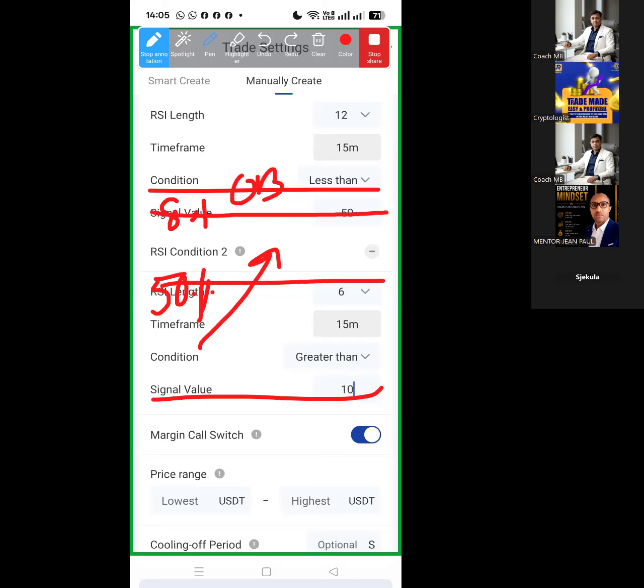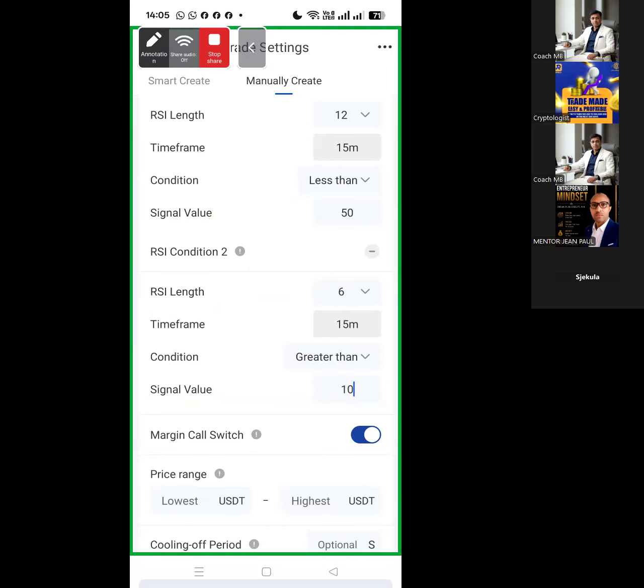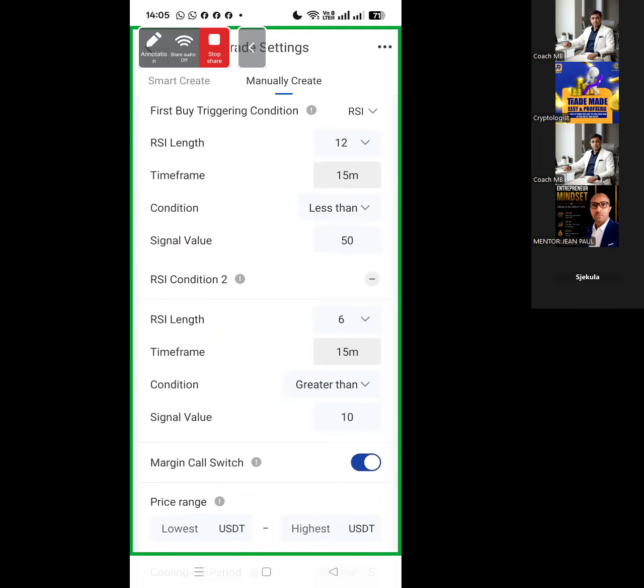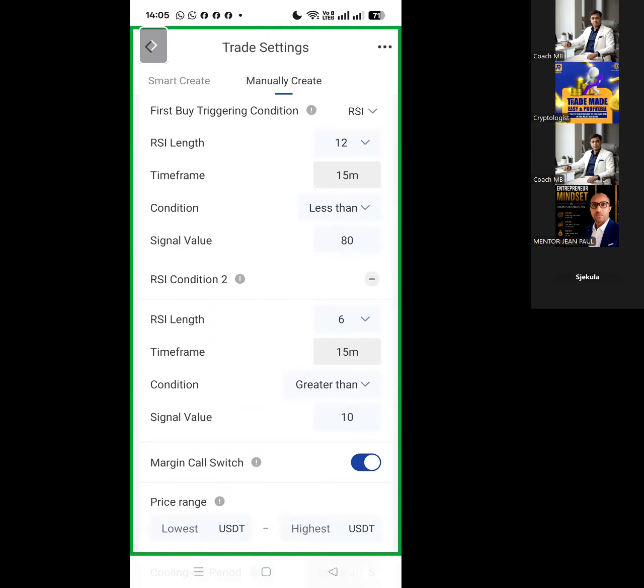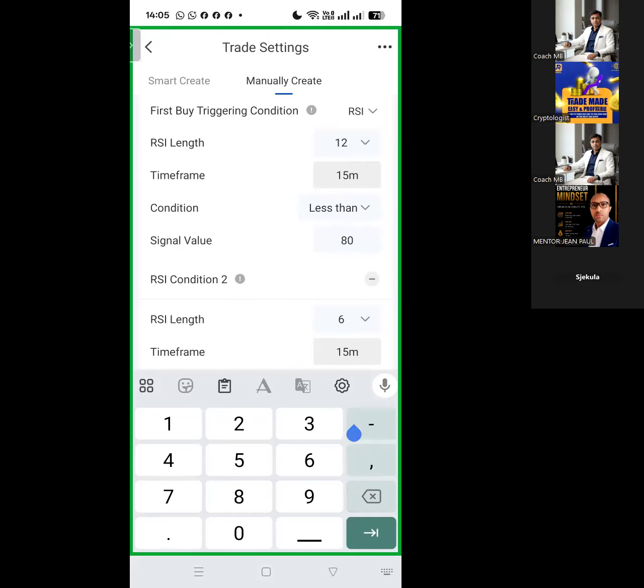So I can put two different conditions to buy greater than 50 but less than 80, right? So if I want to buy in an uptrend, I can put a less than 80% here, and a greater than 50%.